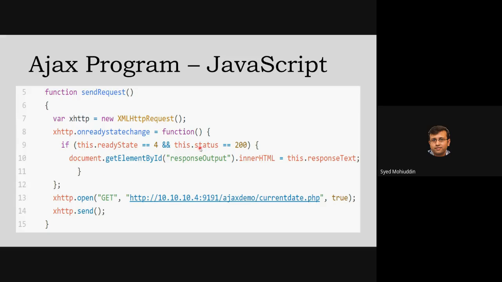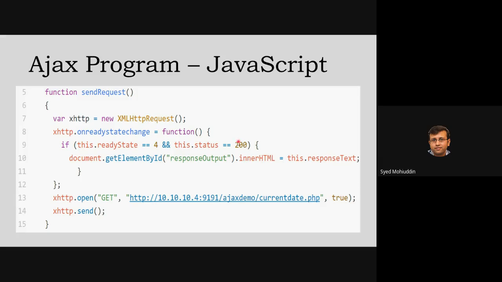These are attributes, while open and send are the methods of the XML HTTP request object. The same way, there is an attribute responseText, which will contain the text or the data received from this URL or from this resource.